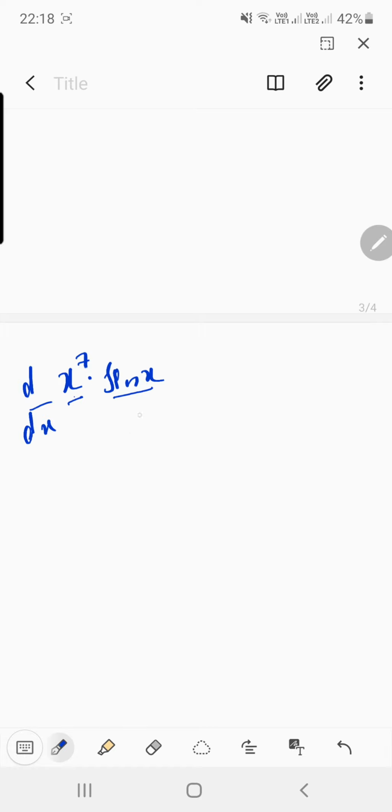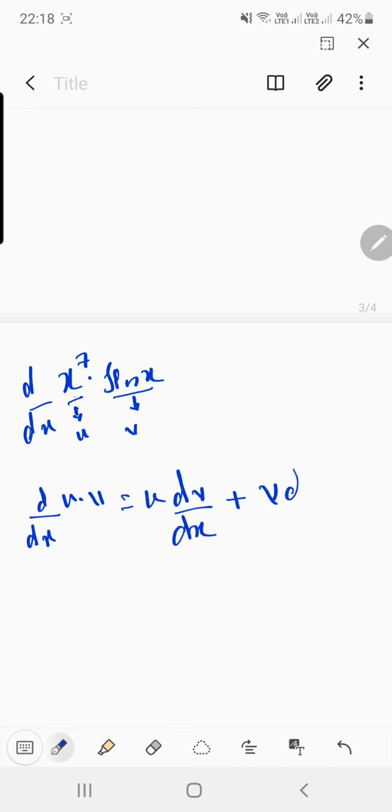So here we will consider the first function as u and the second as v, and the formula that we will use over here is derivative of u into v taken as u derivative of v plus v derivative of u, meaning x raised to 7 stays as it is, derivative of sin x, plus sin x stays as it is, derivative of x raised to 7.